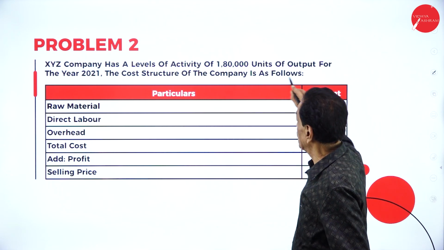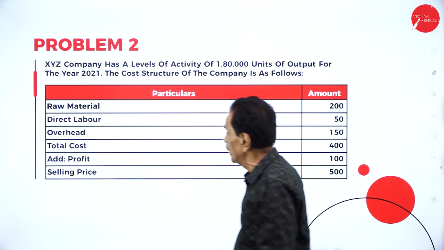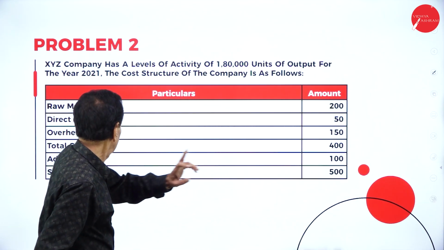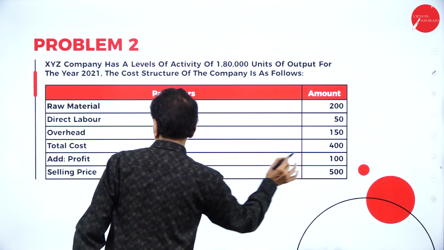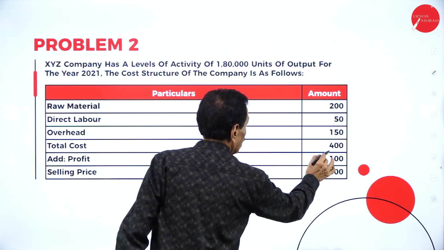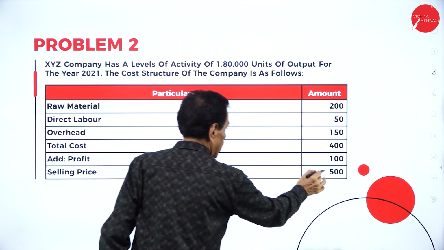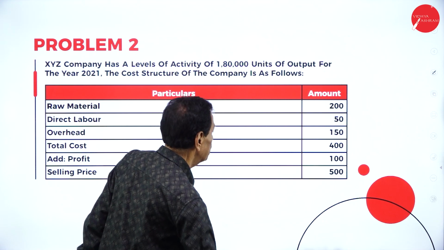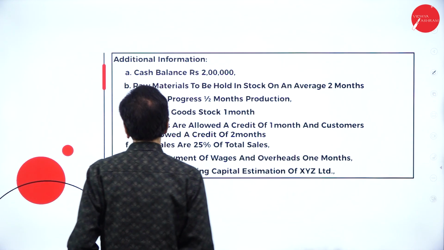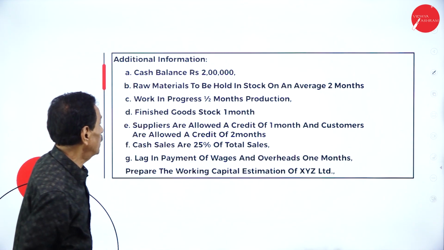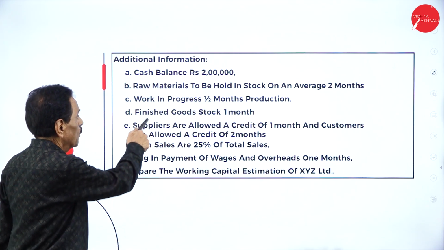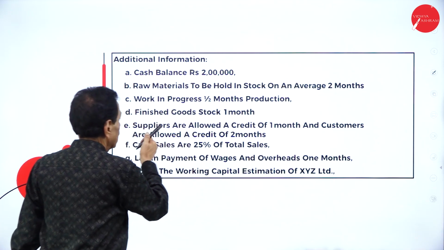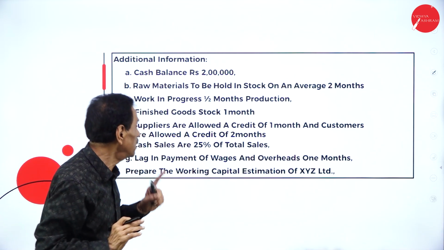XYZ company has a level of activity of 1,80,000 units: raw material cost 200, labor 50, overhead 150, total cost is 400. Add profit 100, becomes 500, the selling price. Then cash balance is 2 lakh. Raw material to be held an average of 2 months, work in progress half a month, finished goods stock is 1 month.